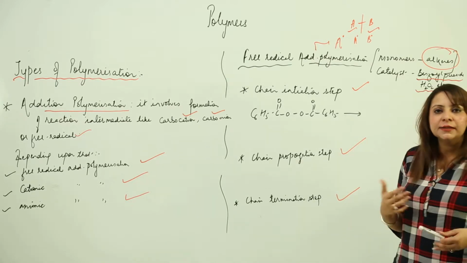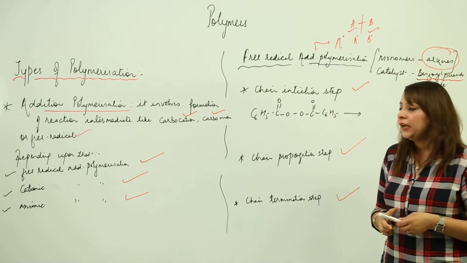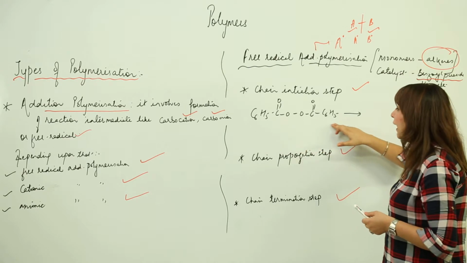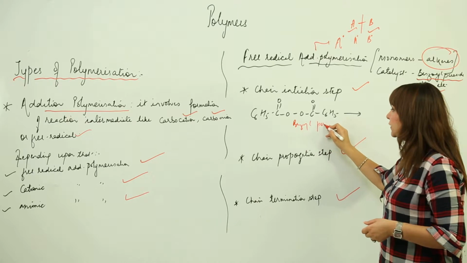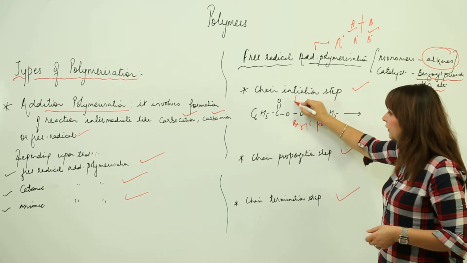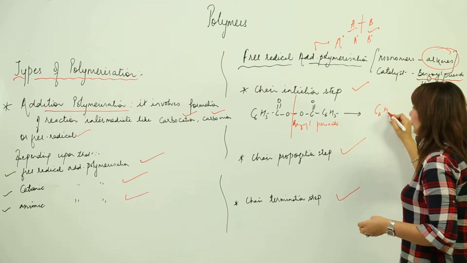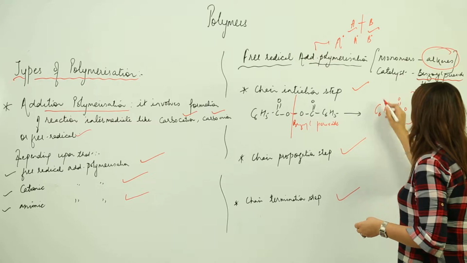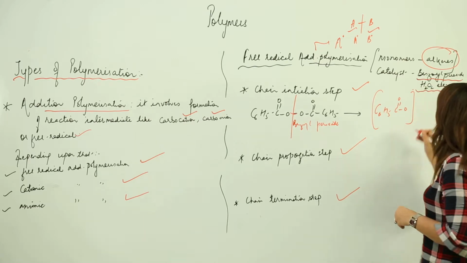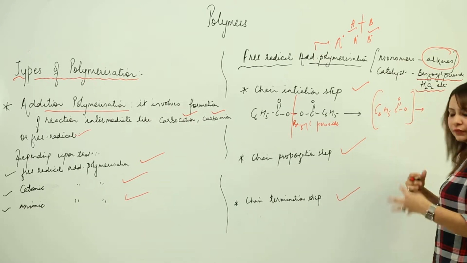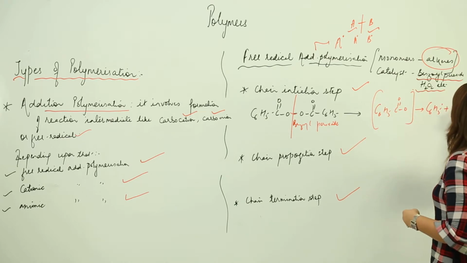So how does the mechanism take place? Just look at the board. The first step is the chain initiation step, in which this benzoyl peroxide undergoes homolytic fission. This is my benzoyl peroxide, and homolytic fission means equal cleavage. It results in the formation of a free radical. Now we further heat it, and it forms a free radical, along with carbon dioxide.